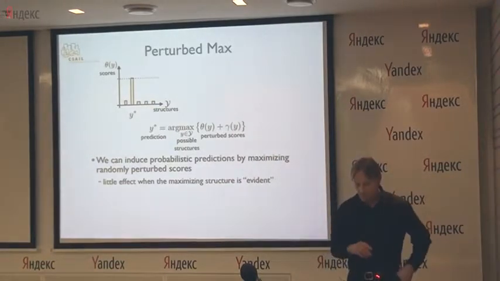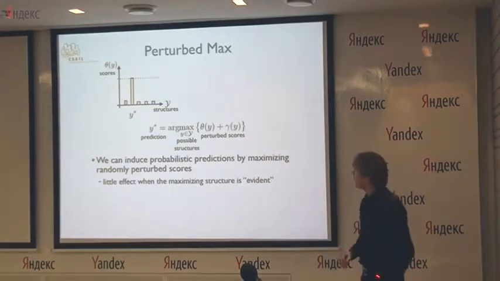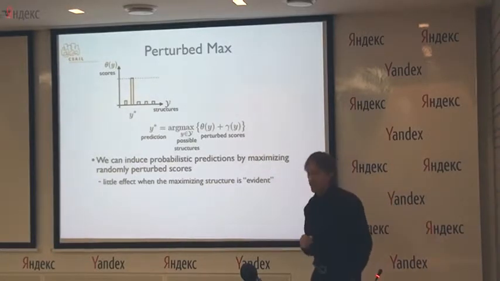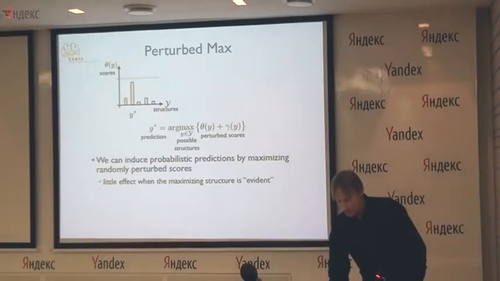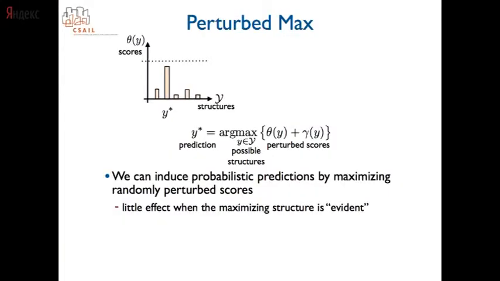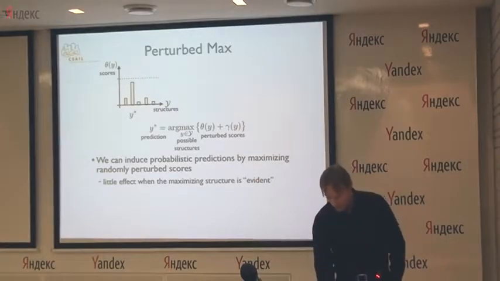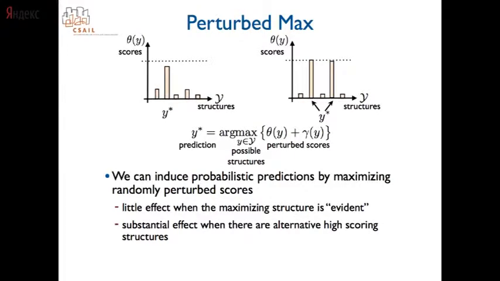All right? In the case where there is only a single maximum here, then this type of randomization typically does nothing interesting. All right? So the well-defined case, nothing really changes. Now this becomes more interesting when there are multiple alternative high-scoring structures.